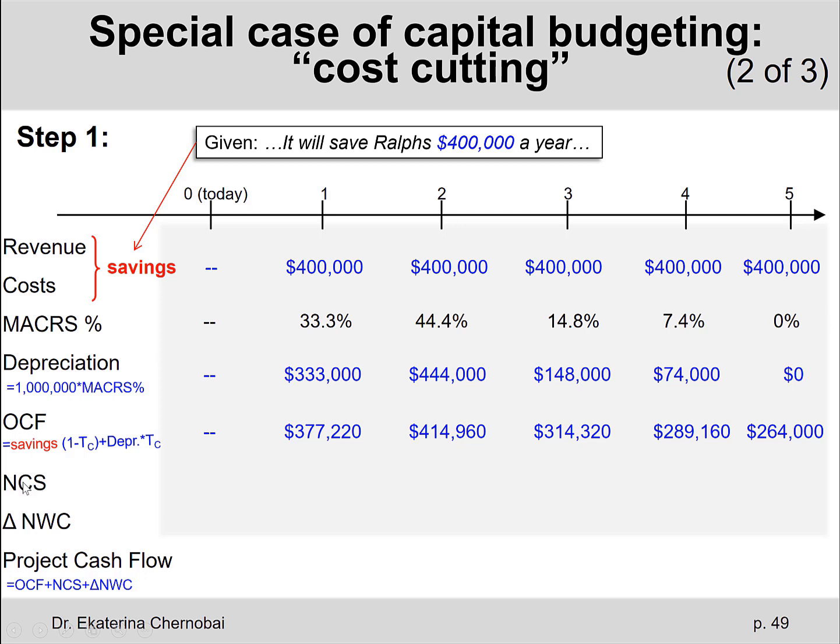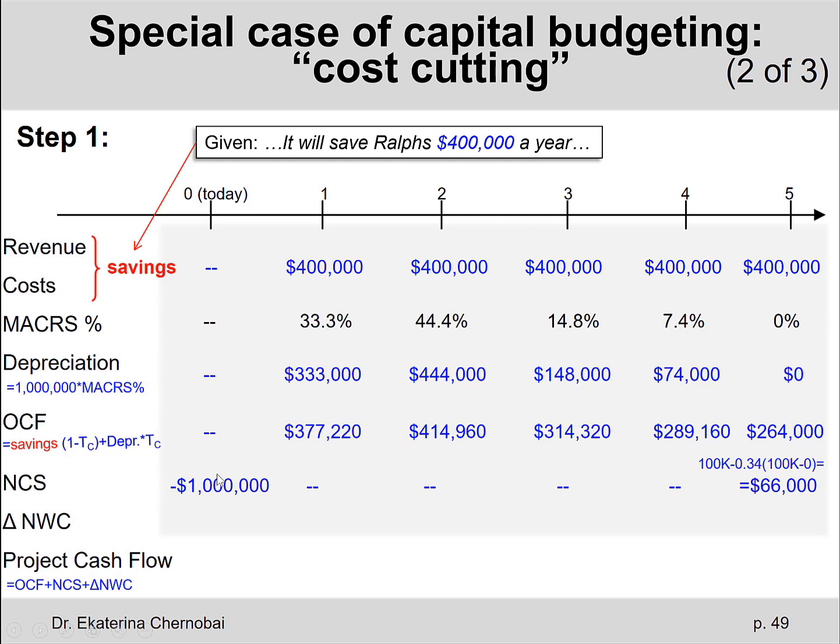We need 2 more things, and then we combine the 3, and that becomes our project cash flow for each year. So the 2 items which need to be computed next are the net capital spending and the change in net working capital. So what do we know about the net capital spending? As always, it's going to be 1 number for year 0, and 1 number for the final year.